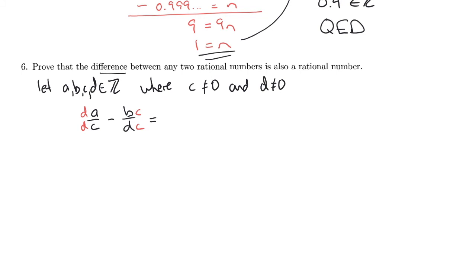From there, I will get AD over CD minus BC over CD. Because the denominators are the same, I can write those over the same denominator: AD minus BC over CD.